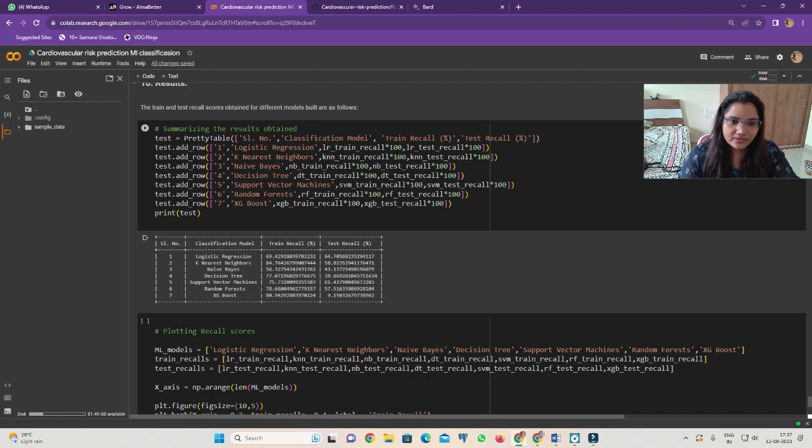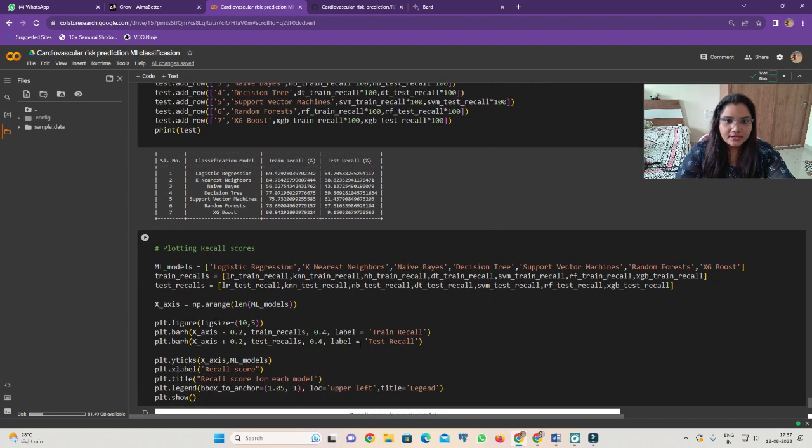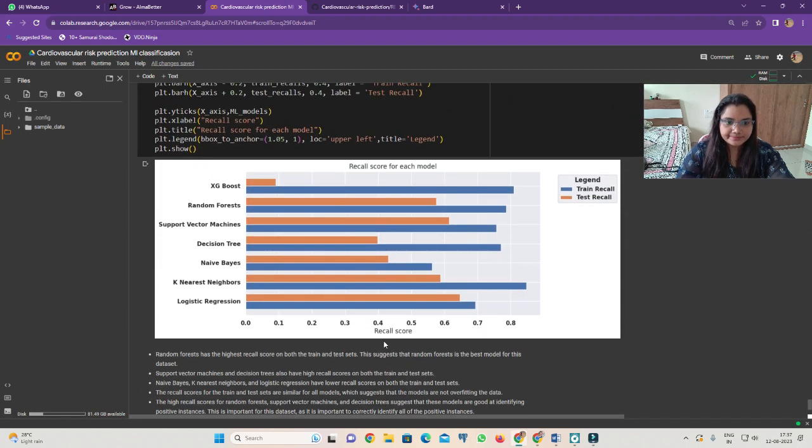Then the support vector machines 75.73, then 61.43 test recall. Then the random forest got 78.66 and 57.51 test recall. Then XGBoost 80.94 and 9%.